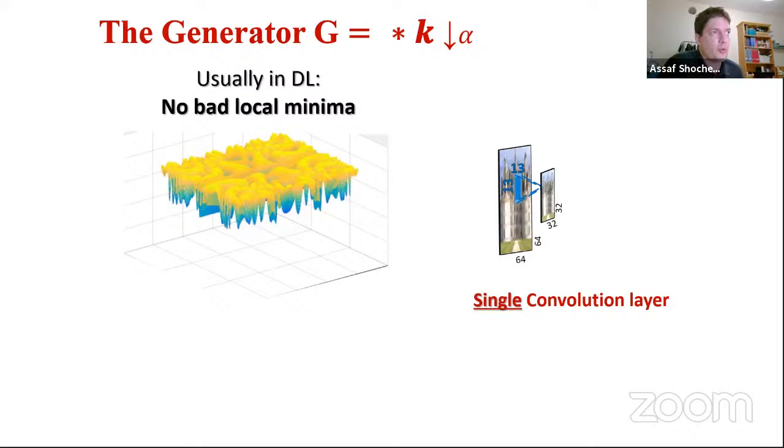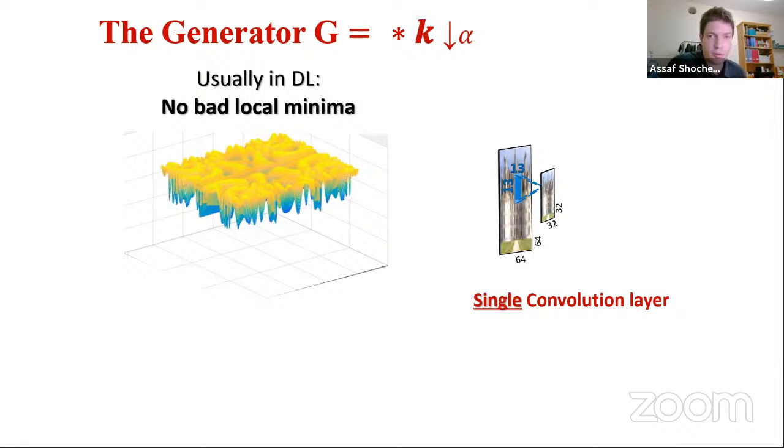I assume most of you are aware of this aspect in deep learning theory, that it works because you have no bad local minima, or almost statistically no bad local minima. So whenever you train a network, you're going to get to a different local minimum point, but they're all almost equally as good.